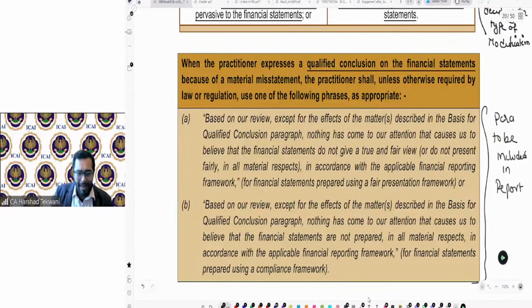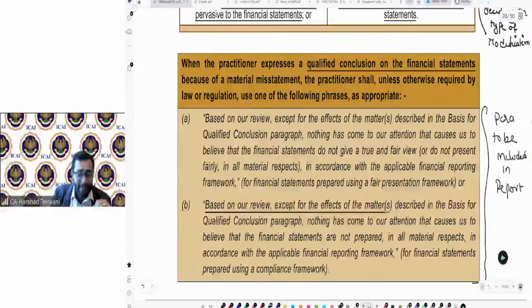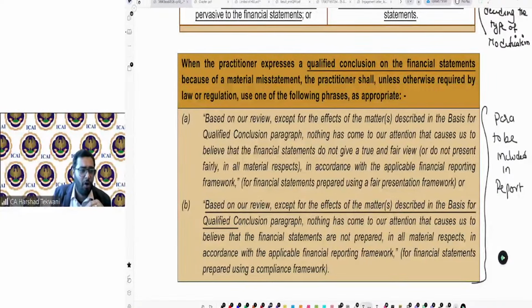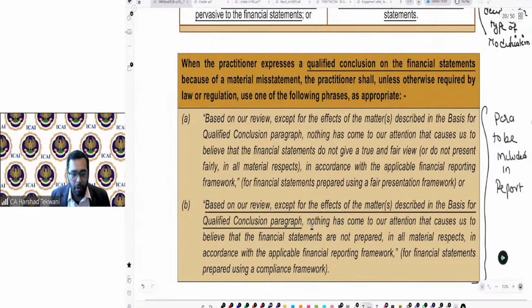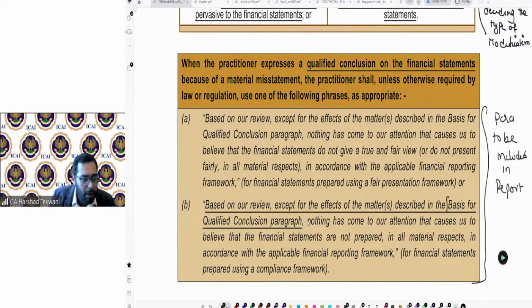And let us read one example. Based on our review, except for the effects of the matter described in the basis for qualified conclusion paragraph. Now, in the example we saw, instead of this wording, described in the basis for conclusion paragraph, we had described in paragraph number 3 and paragraph number 4 of the report.